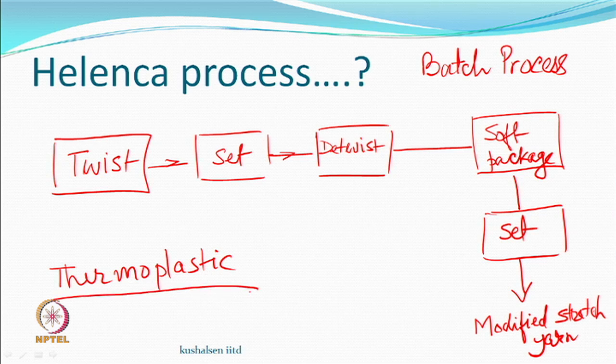If we use a thermoplastic yarn, then heat is the means with which you can set. So, whatever temperature you set at the first heating cycle, in the next one you will take less than that temperature. So, all the things that have been done before are not going to be washed off. The memory will still remain, but something will happen.